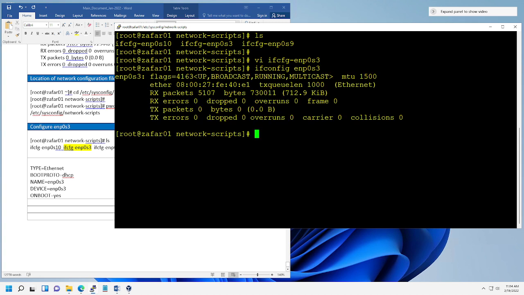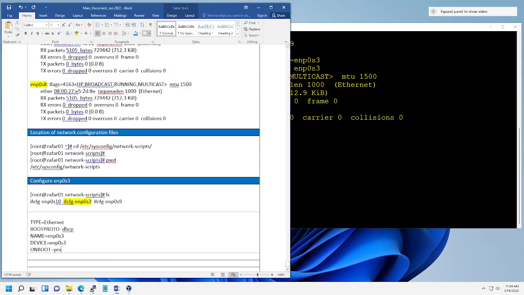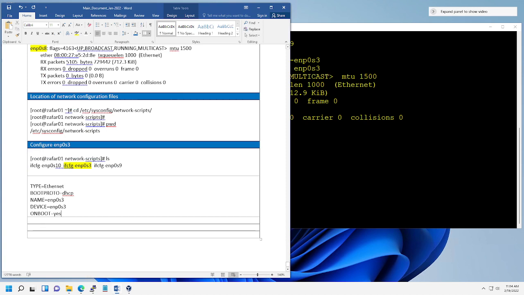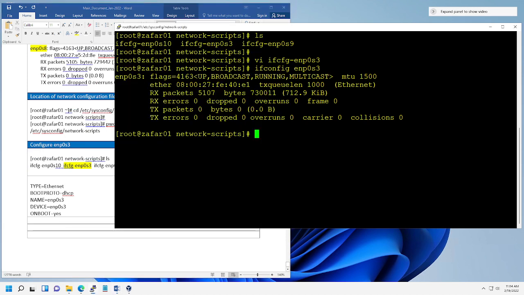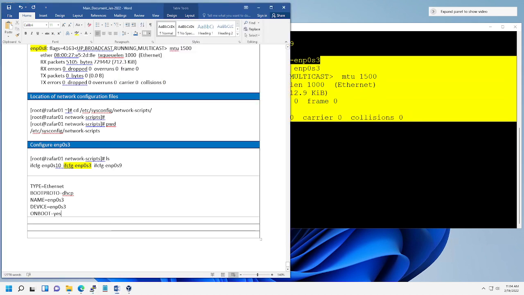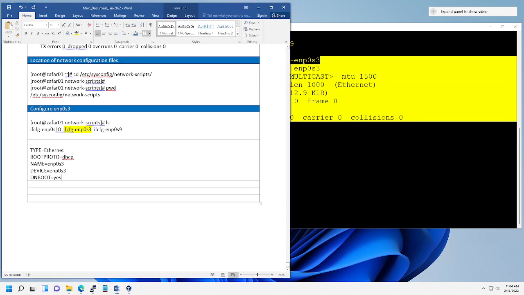Okay, if you look closely here, there is no IP address. When you ran this here, there is no IP address here. So what we are working on is enabling the IP address.